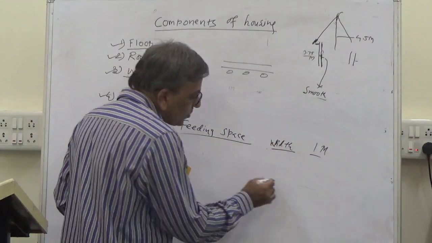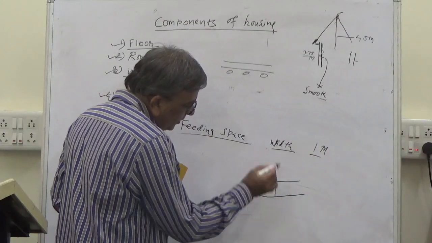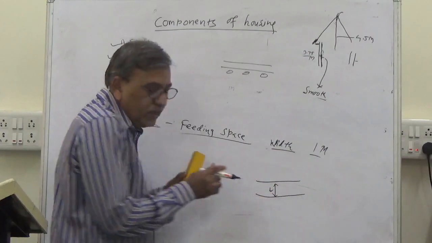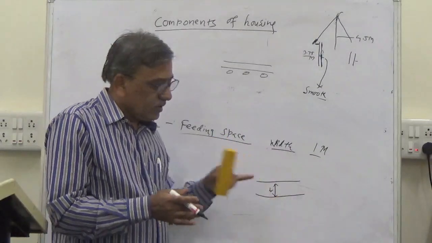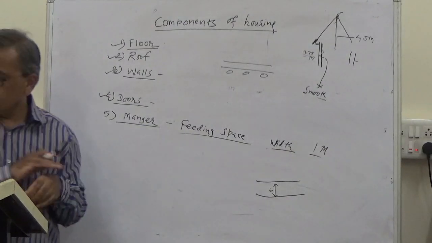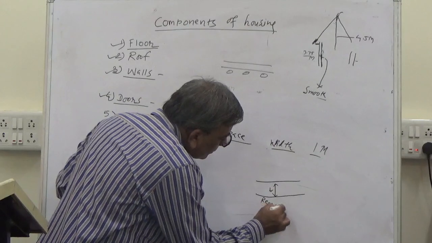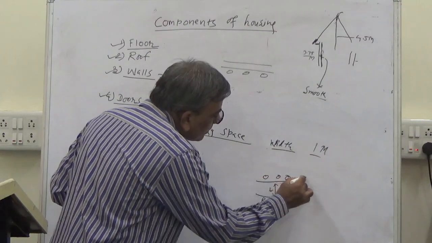Then this manger has two walls. Suppose this is the manger, this is the width. There are two walls of the manger. This is called the rear wall. On the exterior side, here the animals are there. This is called the front wall.